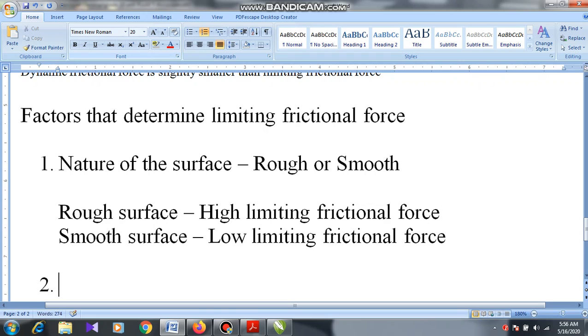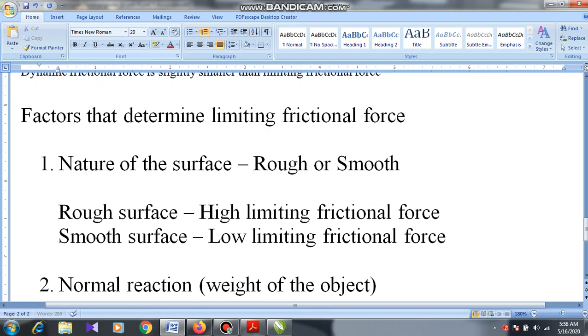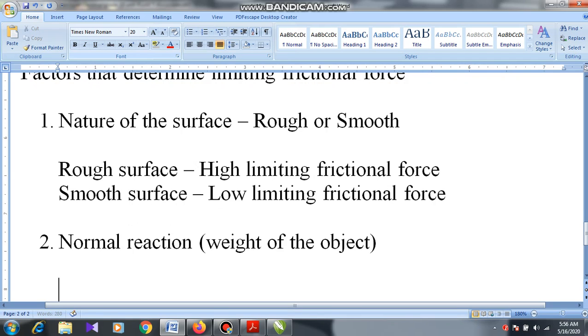The second factor is the weight of the object, or really your book uses the word normal reaction. So in brackets, we can say it is referring to the weight of the object, but your book doesn't use the word weight, instead it is using the word normal reaction.